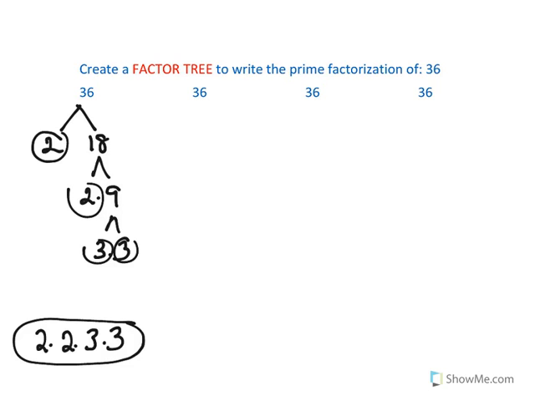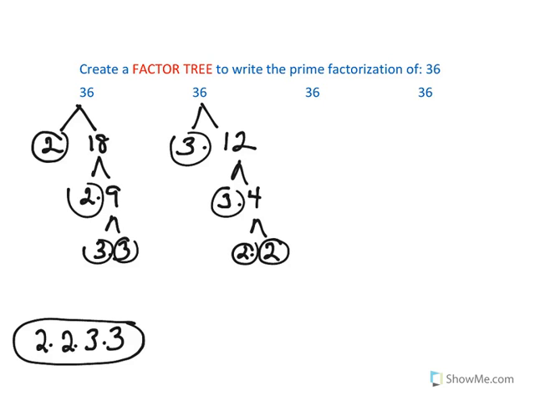And 36, we could say that's equal to 3 times 12. 3 is prime. 12 is equal to 3 times 4, or 2 times 6. Either way, circle your primes. Do we get the same thing? 2 times 2 times 3 times 3?